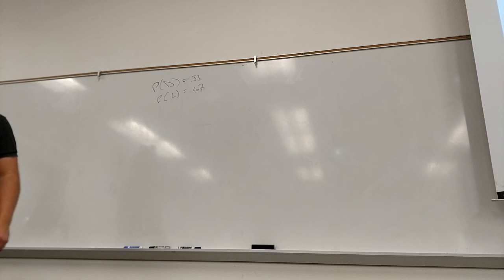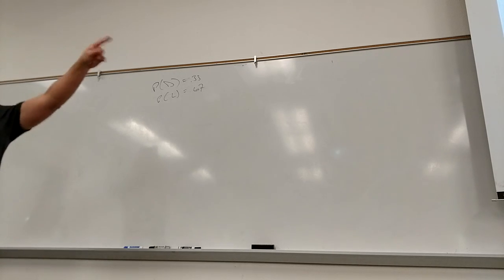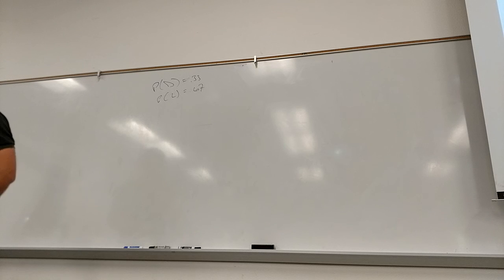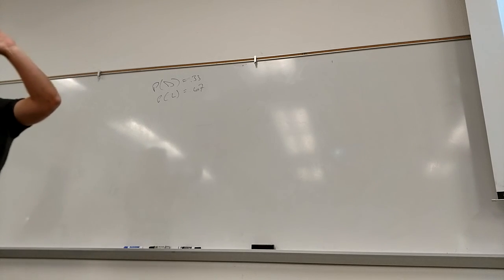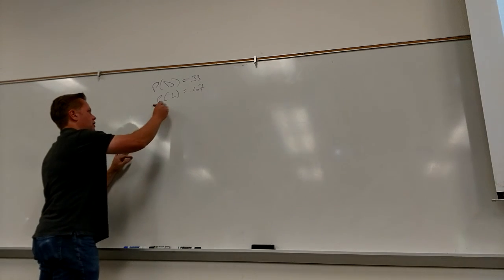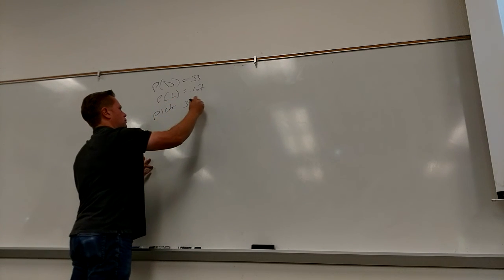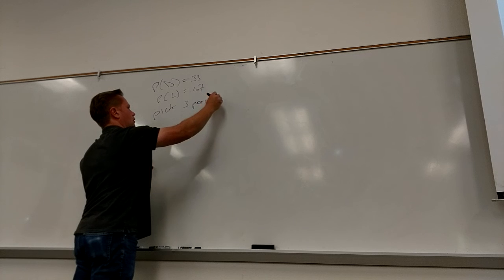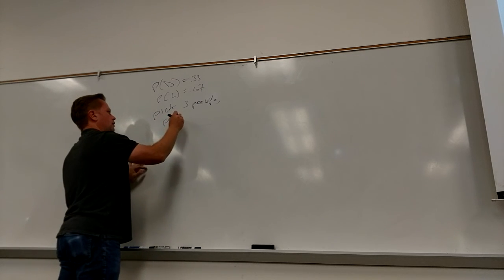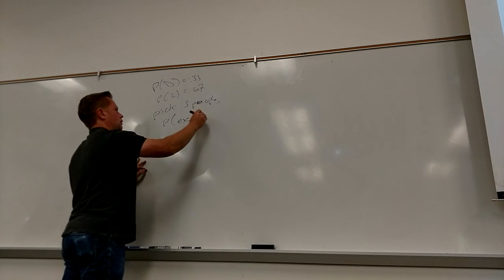If I just said, I pick 3 people, what's the probability that one of them likes this plan? Why is that not enough work? If I said I pick 3 people, this is a different problem now. Pick 3 people, what's the probability that exactly one of them likes the plan?